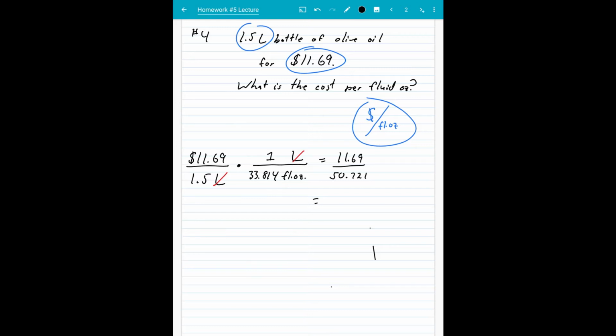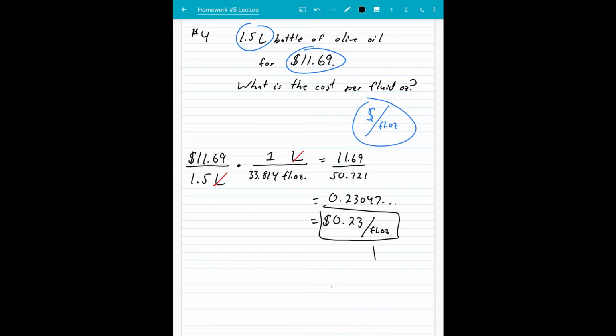And that gives us 0.23047. Keeps going on. Now, this is a cost per fluid ounce, so we went to the nearest cent. So this would be $0.23 per fluid ounce. And that would be your cost for it.